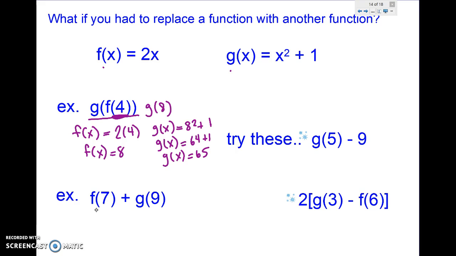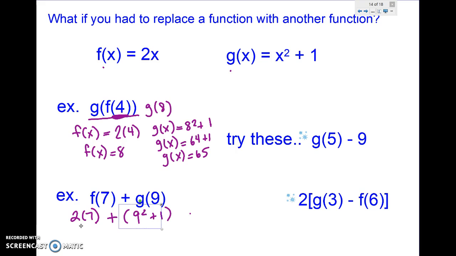Okay, look at this one. It says f of 7 plus g of 9. Well, we do them separately. First, we plug the 7 into f of x. So 2 times 7, plus the function for g of x, which is x squared plus 1, except now I'm plugging in 9. So 9 squared plus 1.